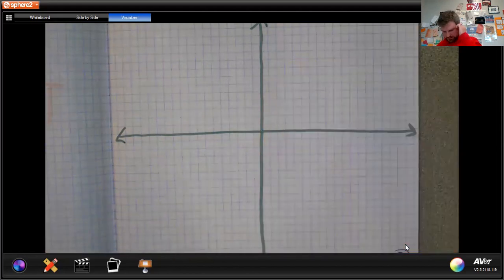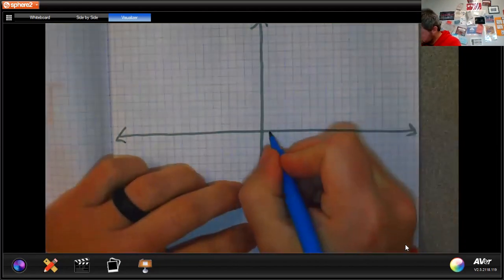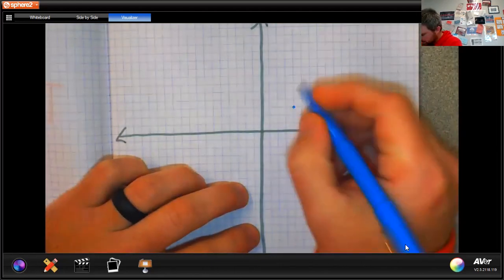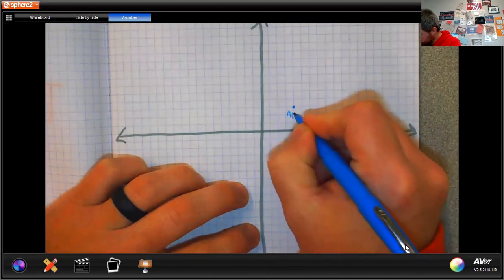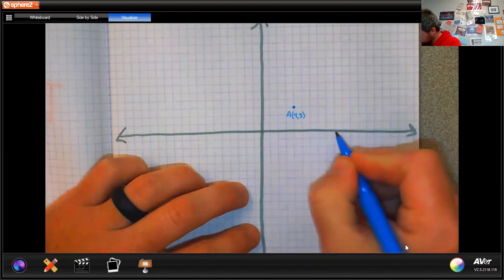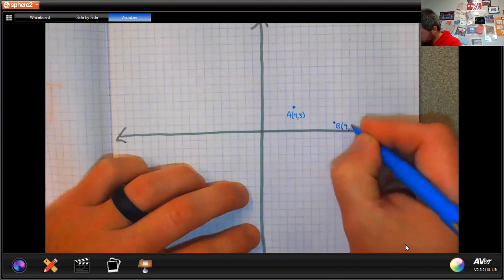And we're going to start with a shape here. Let me grab a pen. Okay, I want to start with this shape. So let's say this is point A, which is at (4, 3). Let's go to this point, which we'll call B, at (9, 1).